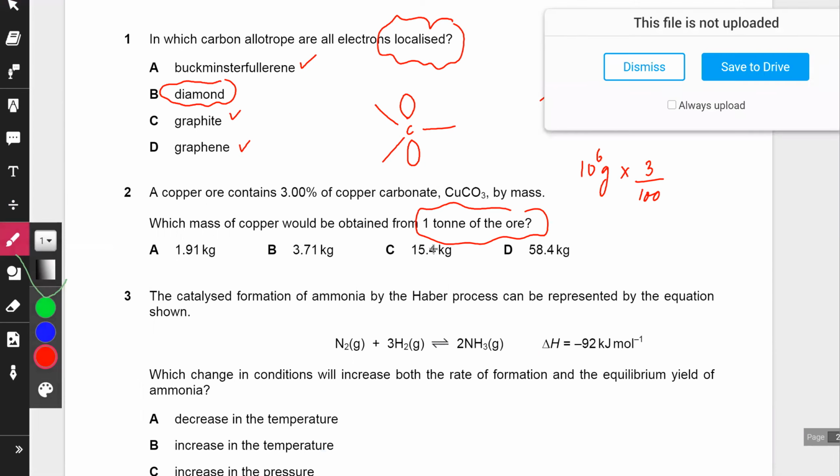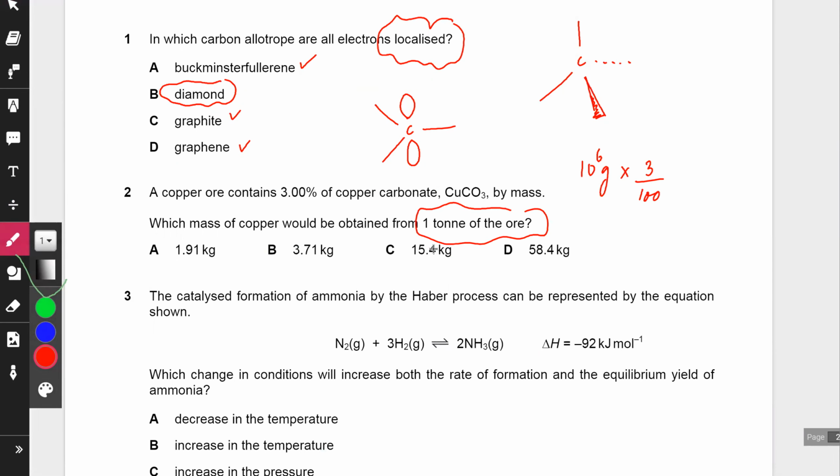If I do that, I'm going to get the mass of the copper carbonate. The next thing is to find the percentage mass of copper in copper carbonate. Copper is, I think, 63.5, divided by the total, which is 63.5 plus 12 plus 16 times 3.